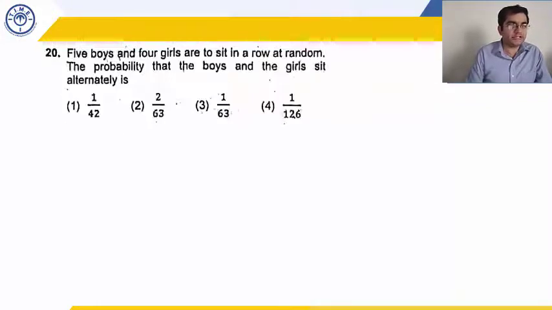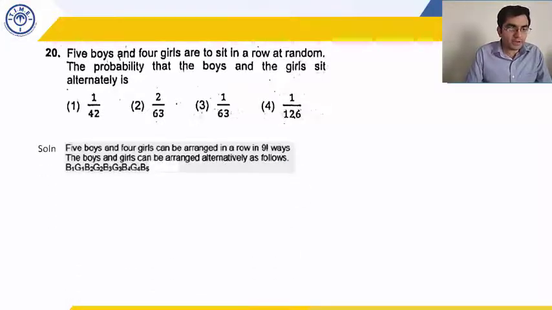Okay, let's move to the next question, question number 20. The number of ways for these children to sit will be 9 factorial, because you have 9 people sitting in a row.